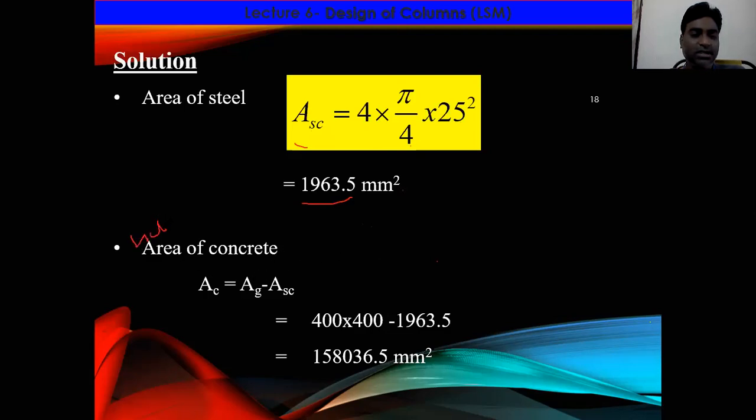Net area of concrete Ac is equal to Ag minus Asc, that is 400 by 400 minus 1963.5. You will get 1,58,036.5 mm square. So this is the net area of the concrete.